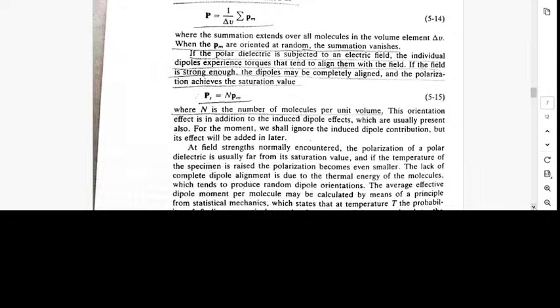And the polarization of these dipoles becomes the maximum, achieves the saturation value. And what is that saturation value? That is Ps is equal to n pm. N is the total number of molecules per unit volume. So we have obtained the saturation polarization, Ps is equal to n pm.